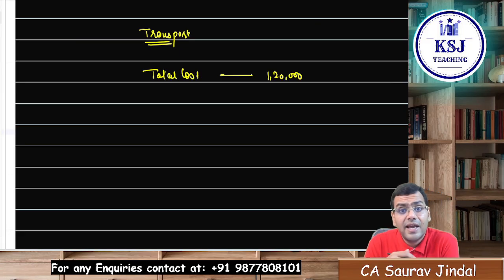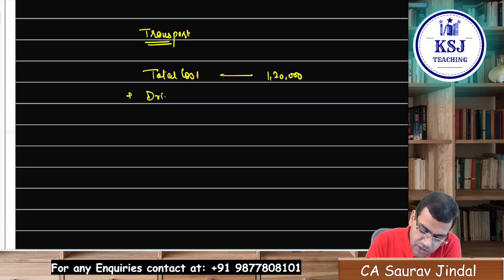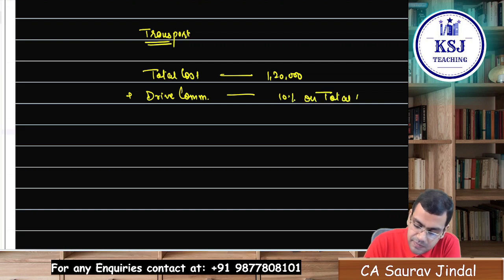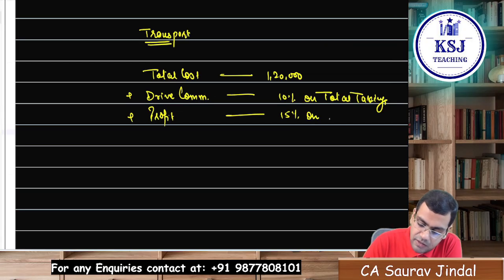He says in addition to this total cost, there is the driver commission also. What is the driver commission? That is 10% on total takings. And he says there is a profit also. Profit is 15% on total takings.